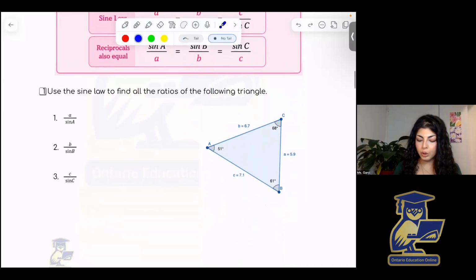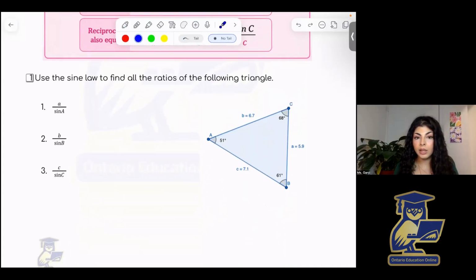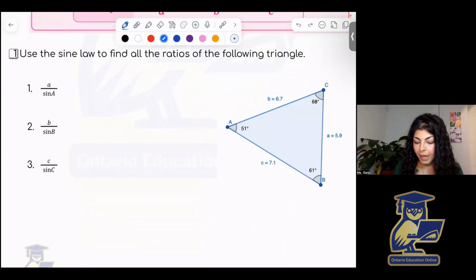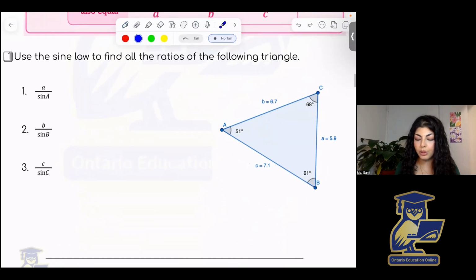So here we have an acute triangle, and we're just asked to use the sine law to find all the different ratios here. So starting with A here, and this image is from GeoGebra, so if you use that tool, you were able to see that this is how the angles are shown and the side lengths.